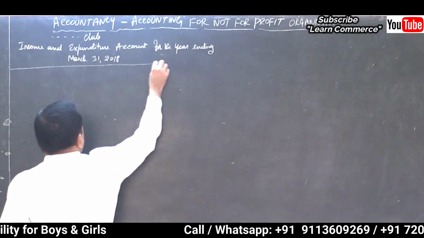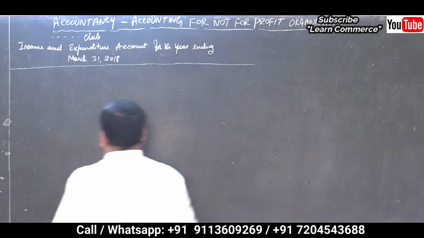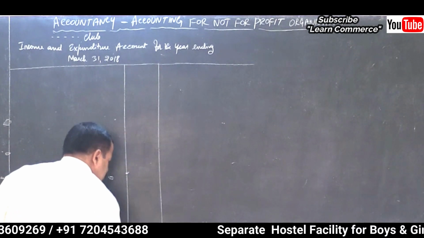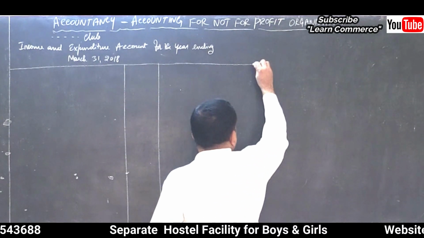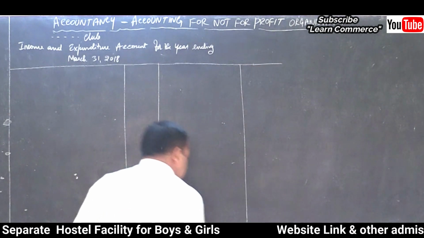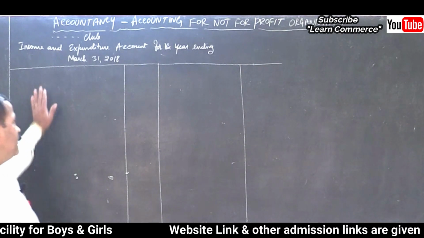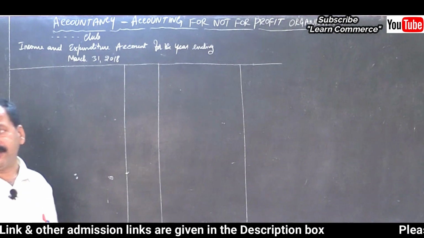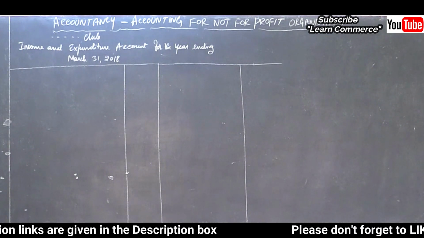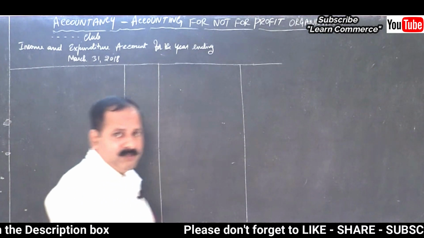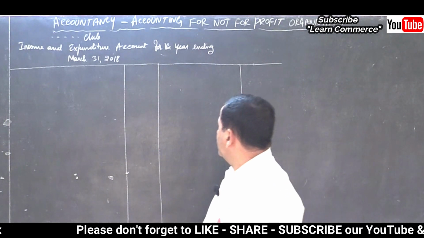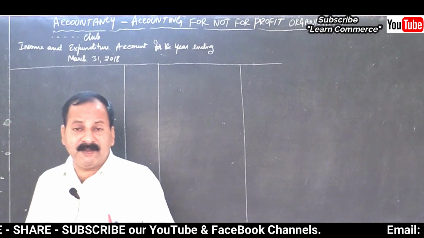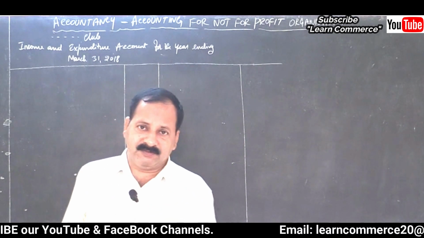Yes. Draw the columns. Expenditure, JF, amount in rupees. Income, JF, amount in rupees. Draw the columns quick. Do it fast. Drawn. Write debit credit also. It is an account. Income and expenditure account. So debit credit. Clear.